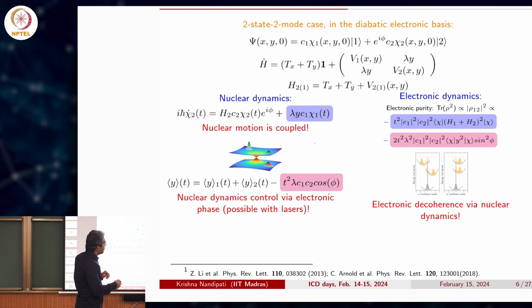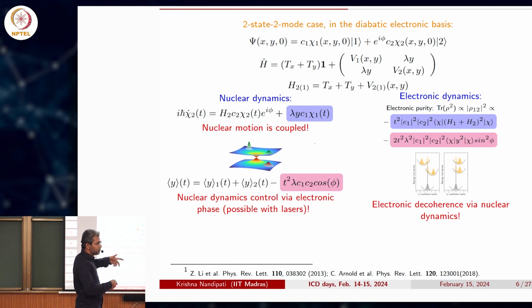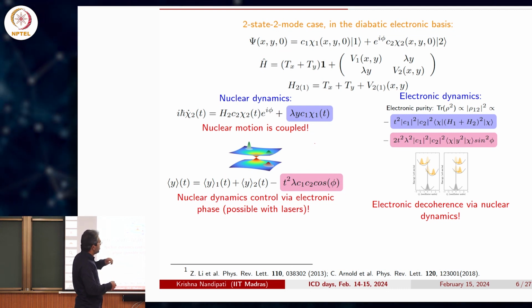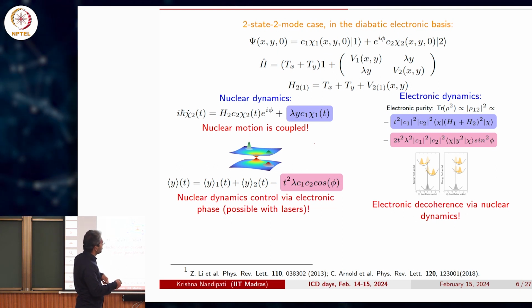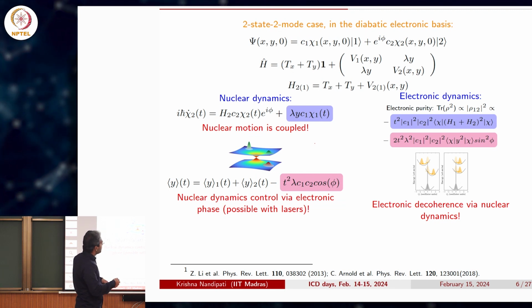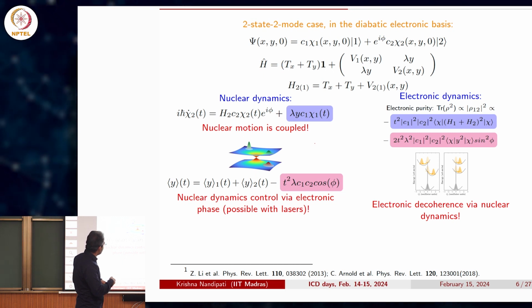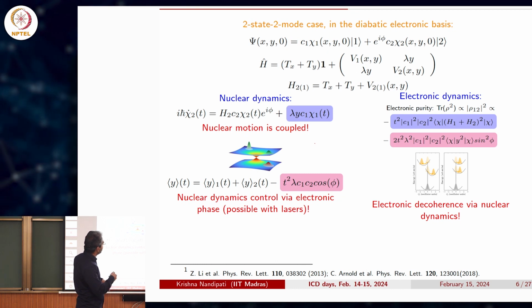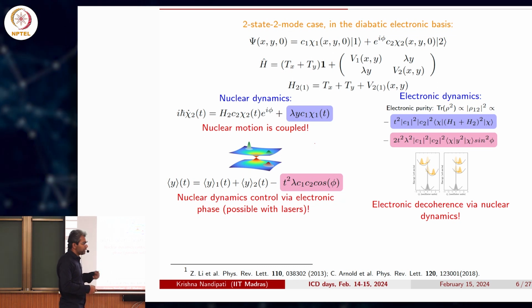It's sheerly dependent on this. If you write the density matrix down for this wave function, it becomes a 2 by 2 matrix, and then the purity can be estimated; one can derive this, and you can find that in the paper. So what enters in the definition of the purity is only the nuclear amplitudes evolving on two surfaces, the non-adiabatic couplings and the phase of the electron. So all these together conspire to actually control even the electronic coherence.